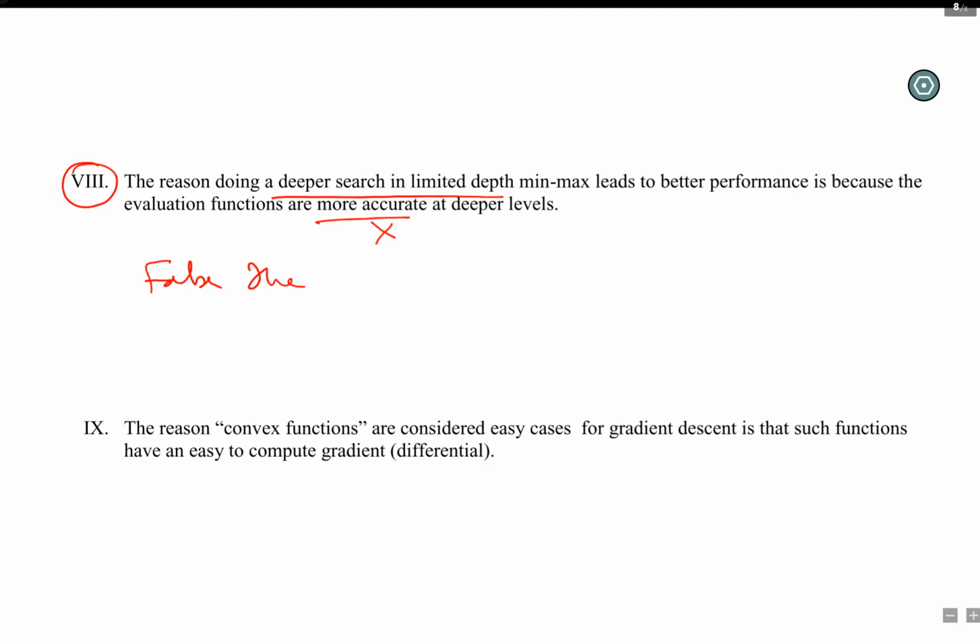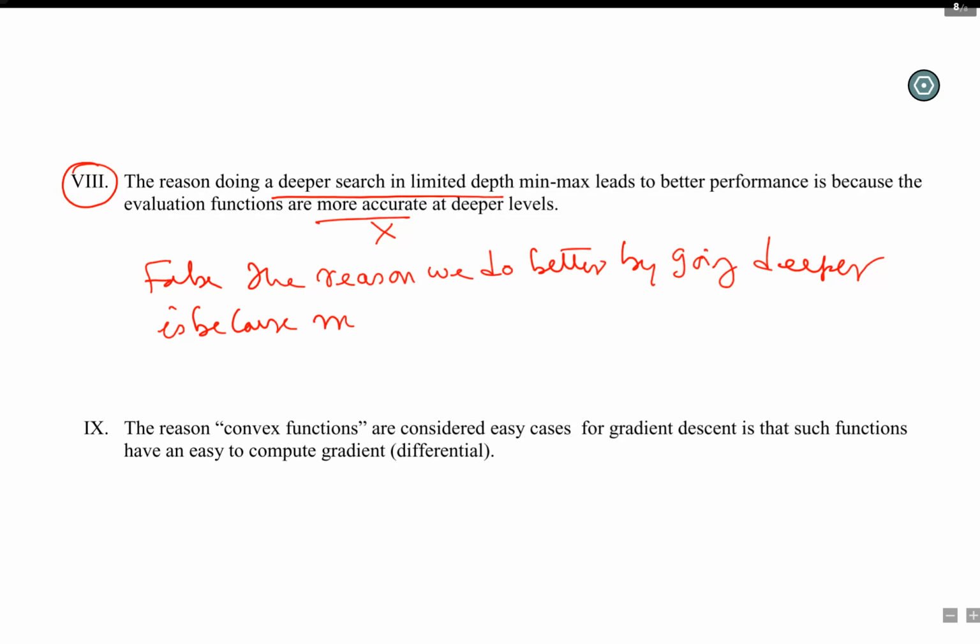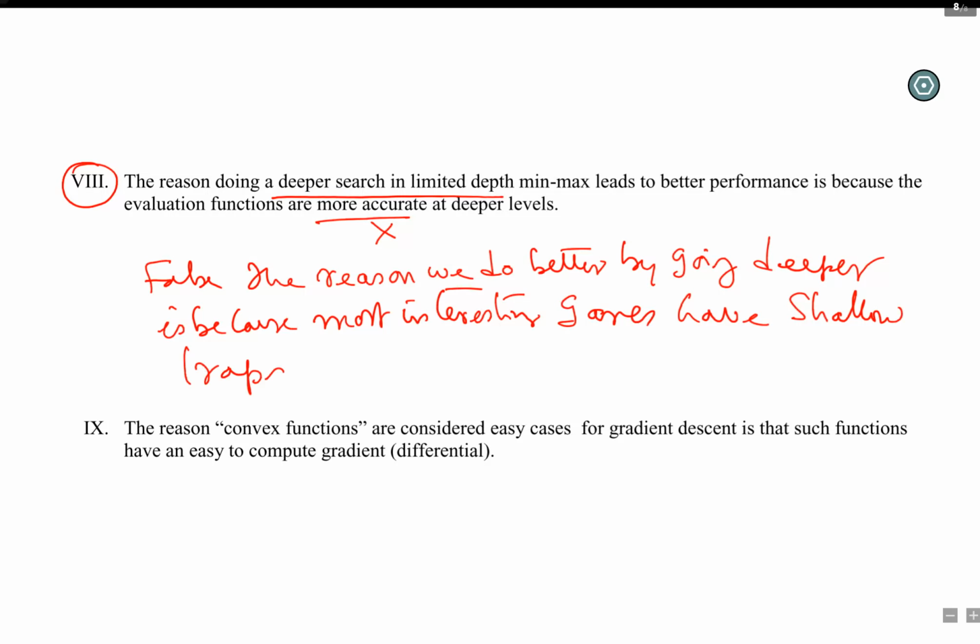The reason we do better by going deeper is because most interesting games have shallow traps that the search detects.